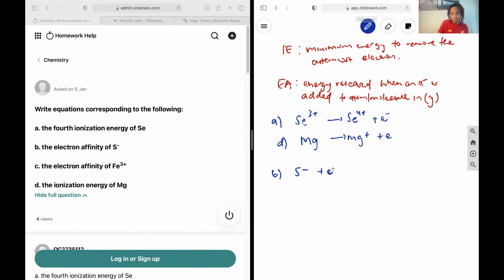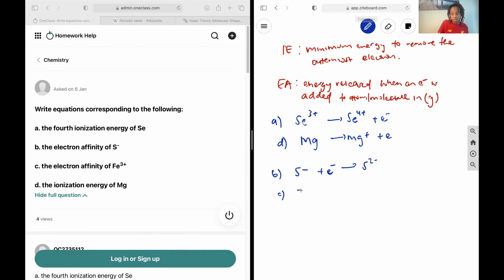So that means that we're going to add an electron. And that now is going to produce S2-. And just note that here I knew that because this side has a total charge of 2-, so this side should have a total charge of 2- too.